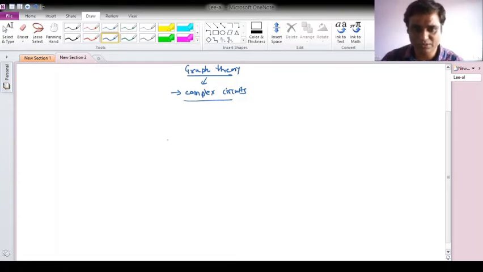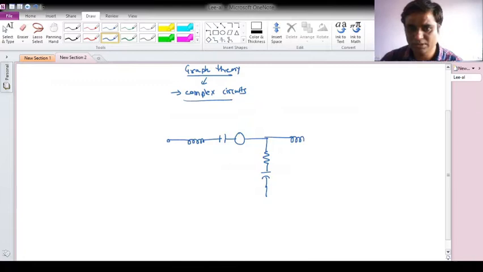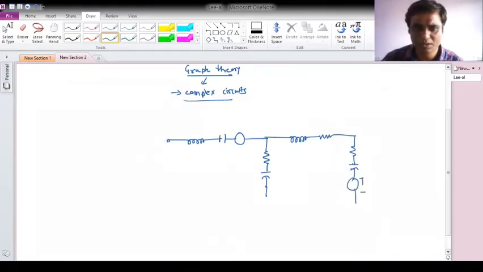Suppose I have a network like this, say an inductor, capacitor, then a voltage source in series, then a resistor, and say one more capacitor I will add. Then in this branch, say an inductor, resistor, capacitor, and a voltage source, and here another voltage source has been added.